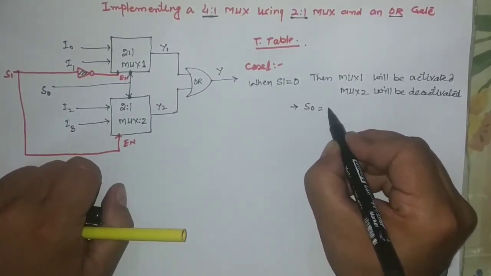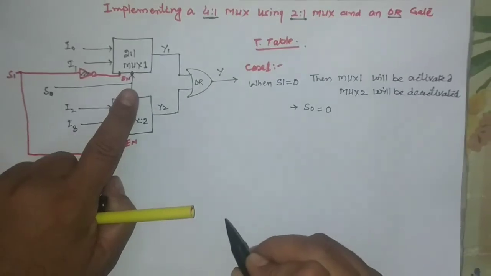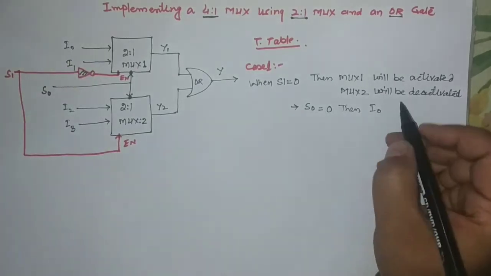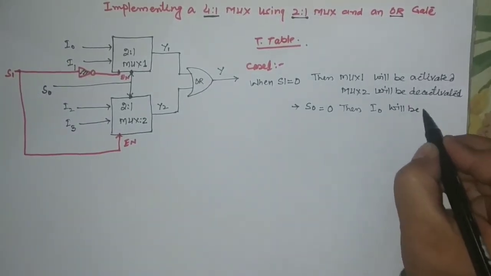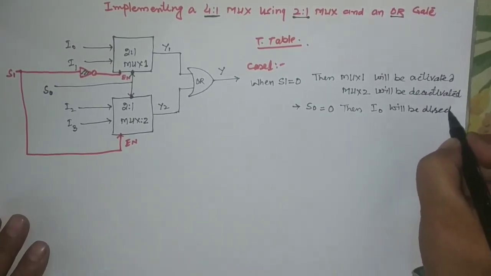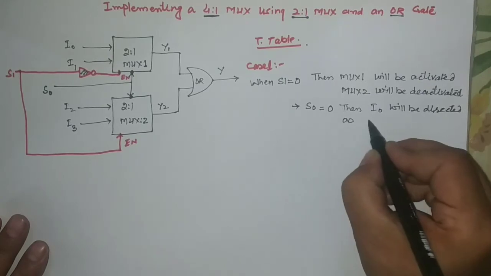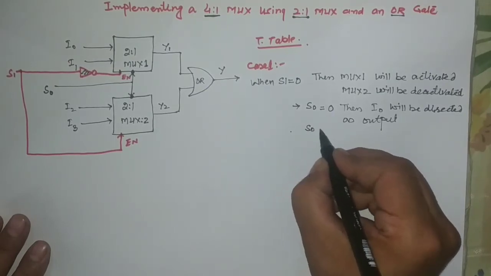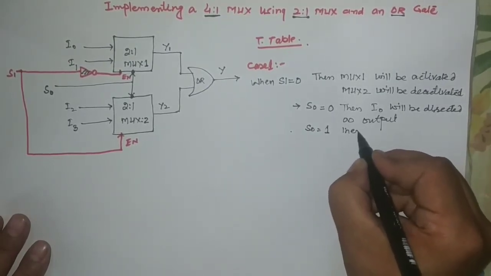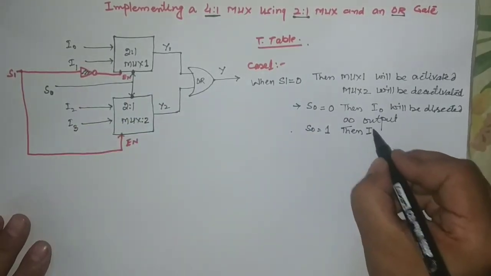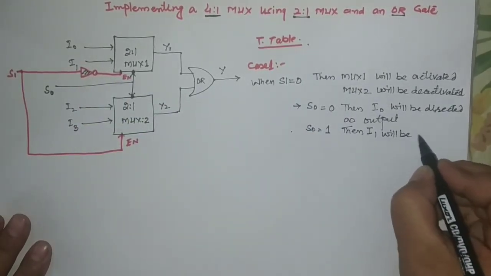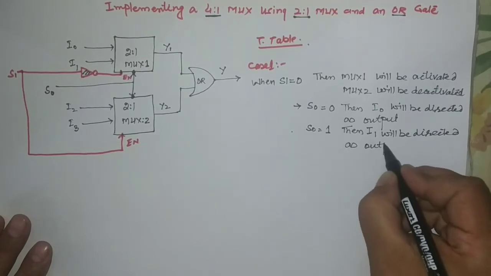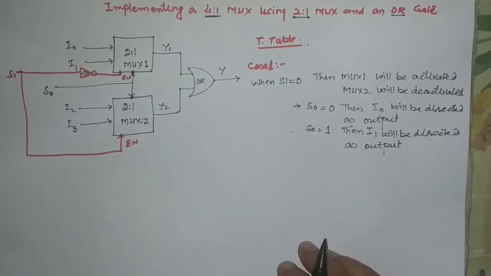When S0 is equal to 0, then I0 will be directed as output, and when S0 is equal to 1, then I1 will be directed as output. This is case 1.